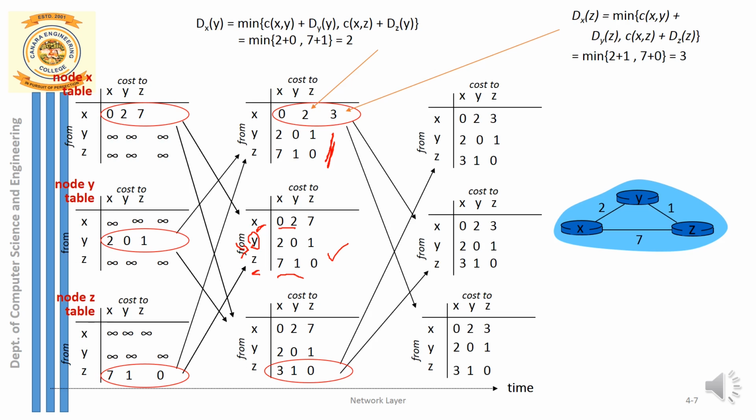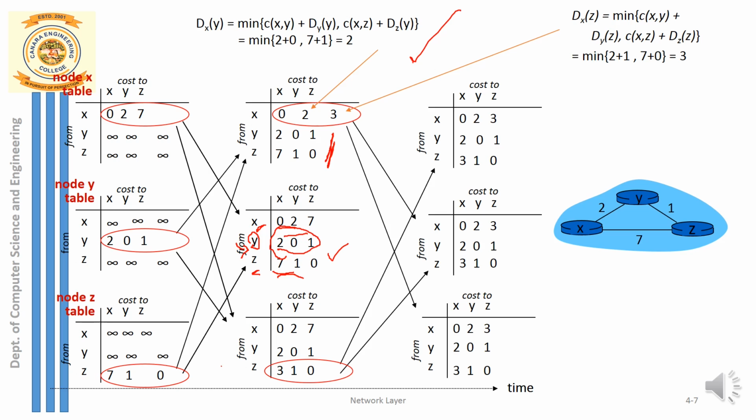Node x has shared its distance vector with node y, and node z also has shared its distance vector with node y. So these two shared rows are written over here directly, 0, 2, 7 and 7, 1, 0. But this 2, 0, 1 is the one which we have calculated right now in this iteration with the help of the Bellman-Ford equation.